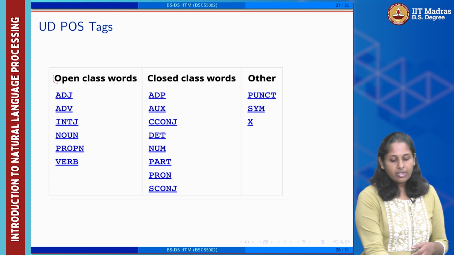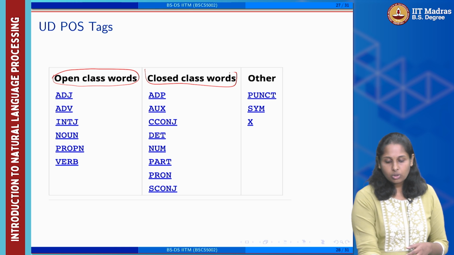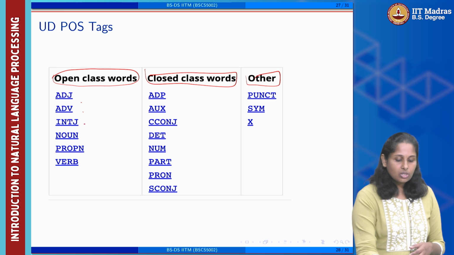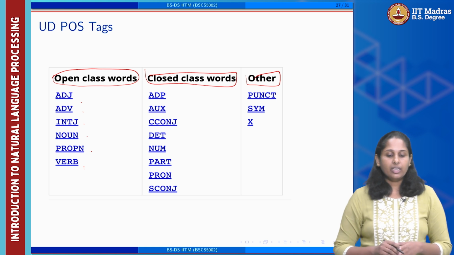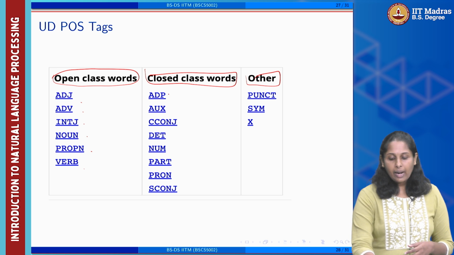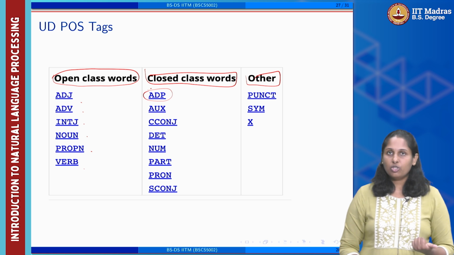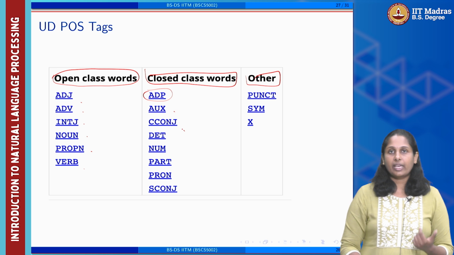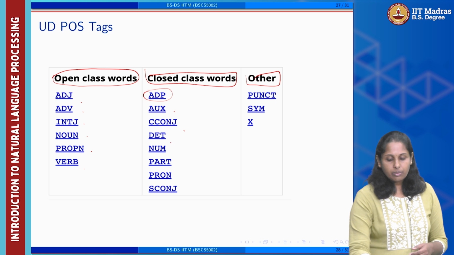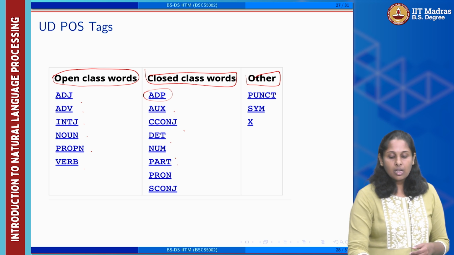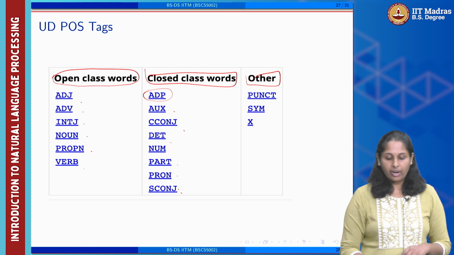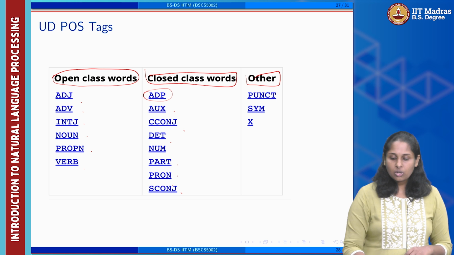Again, they have differentiated between open class, closed class and other categories. So adjective, adverb, interjection, noun, proper noun, verbs are put under the open class, whereas adposition, actually called preposition or postposition, auxiliary, coordinating conjunctions like and, or, determiner, number, particles, pronoun and subordinating conjunctions like if are called SCONJ.